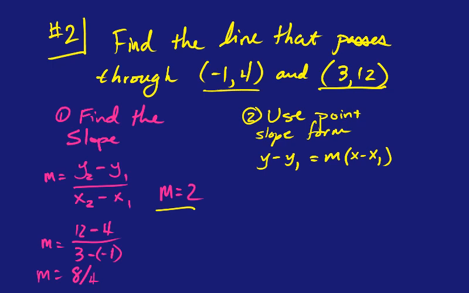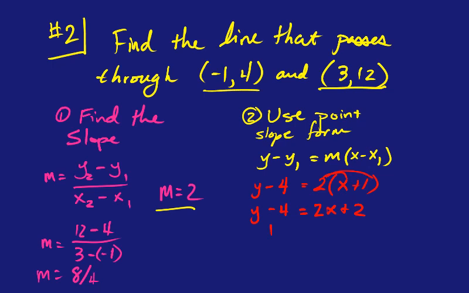I'm going to use the negative one because most kids don't like the negatives, so I don't want them to feel left out. So y minus 4, because the y value is 4, equals 2 times x minus a -1, which becomes +1. So y minus 4 equals 2x plus 2, because we distribute that.